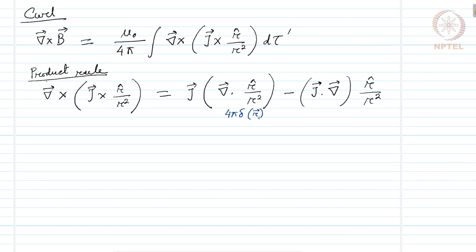In order to find the expression for the curl of B, we will have to integrate over the second term, and once we integrate, the second term goes to 0. Please verify this.